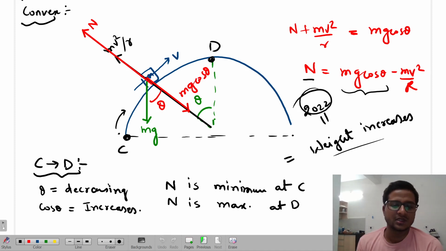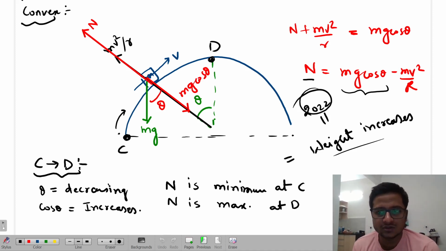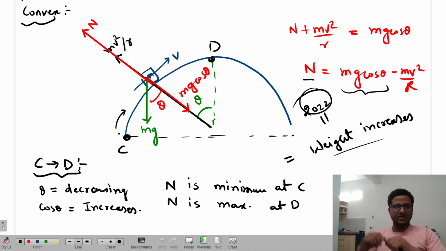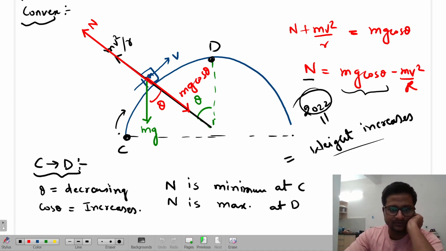Are you able to get me? Is this clear or not? Understood perfectly. So this is your consideration. Are you able to get me? And this is how we consider the dynamics of normal on the curved surfaces. Totally correct now?